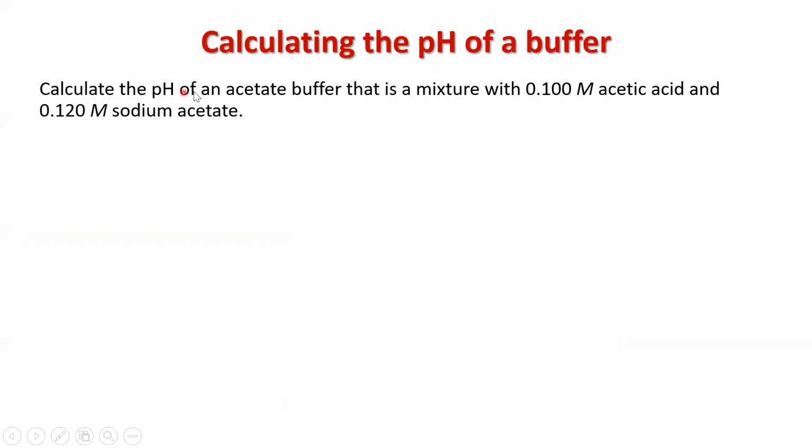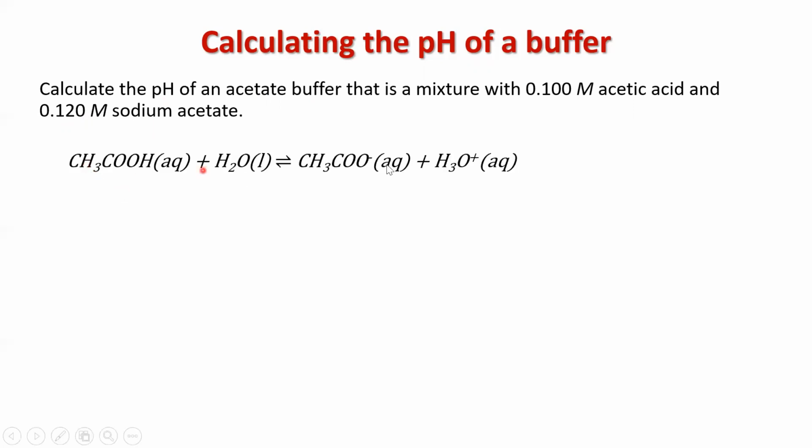So let's calculate the pH of a buffer solution. Calculate the pH of an acetate buffer solution that contains 0.100 molar acetic acid and 0.12 molar sodium acetate. The first thing we're going to do is write out our reaction.